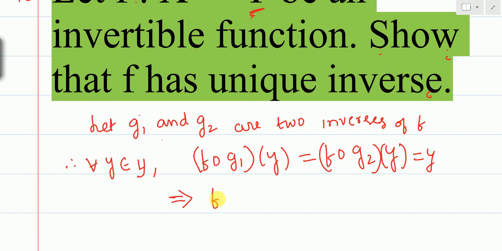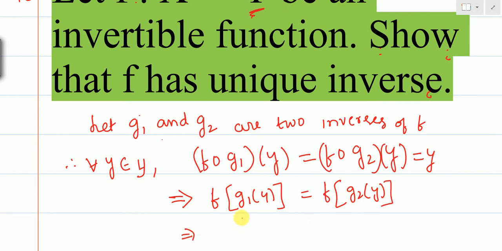Here it is f of g1 of y is equal to f of g2 of y. This implies that f of x1 is equal to f of x2 implies x1 equals x2. Here f is invertible, that means it is bijective, that is, it is both 1-1 and onto.